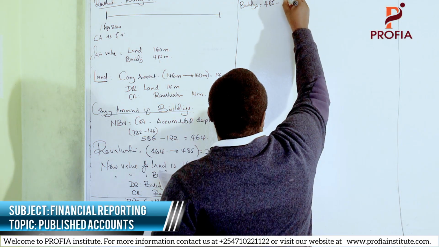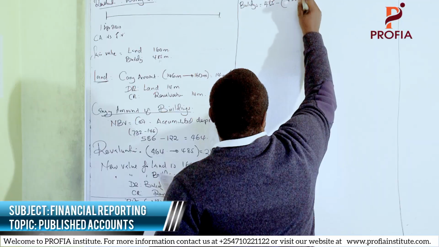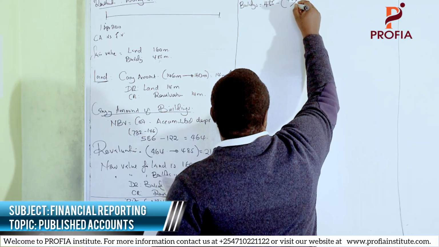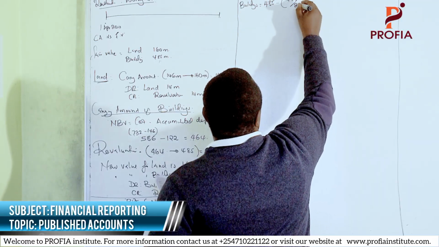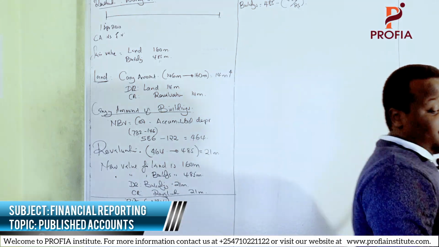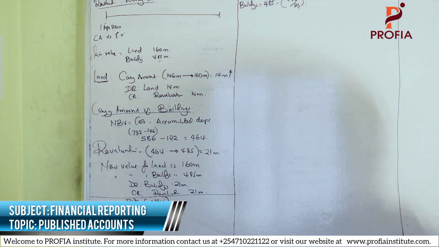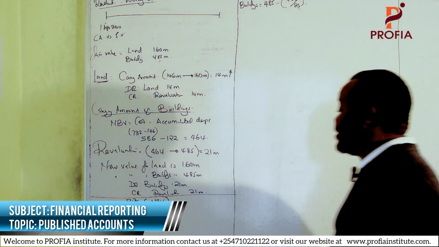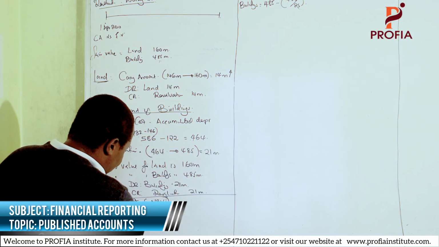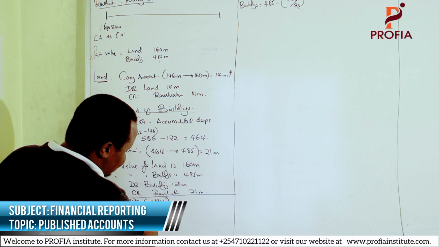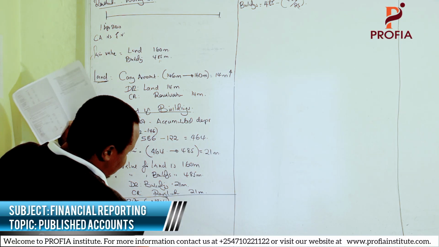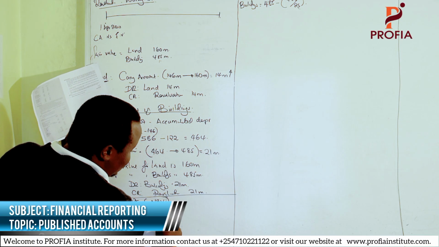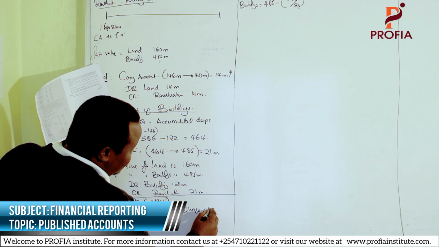So the depreciation for 1 year is 485 divided by 25. See, that is the depreciation for 1 year. Hiyo tumeelewana? Ama nifanye depreciation kando? You can recall from our previous lesson that depreciation, when you are told in terms of number of years, is cost minus salvage value divided by number of years.